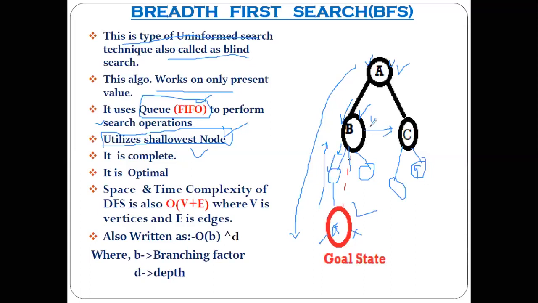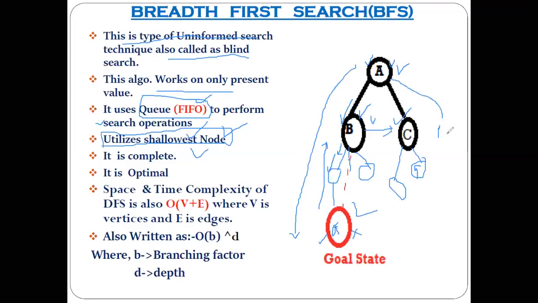After the B, in case of the breadth first search, where are you going? C node. That is the meaning of the shallowest node here. You got the point. Consider A is having 3 children.